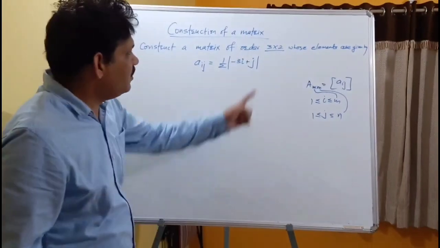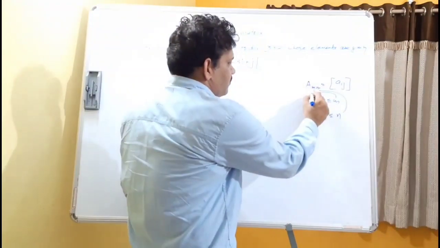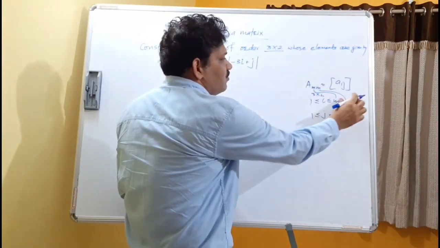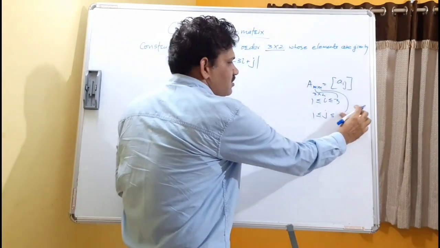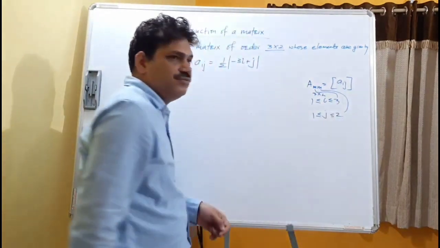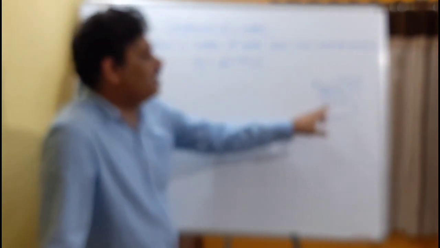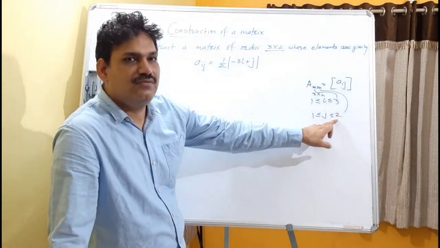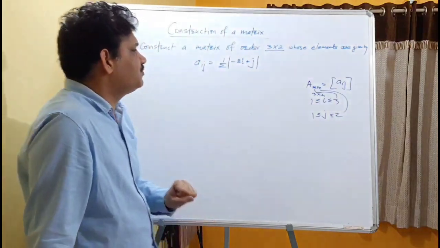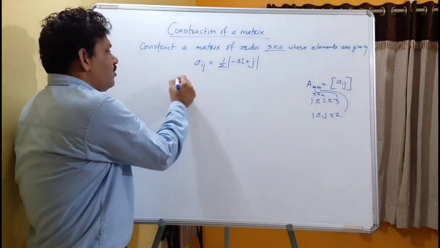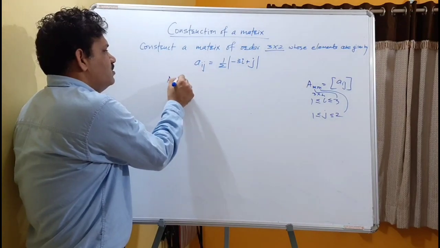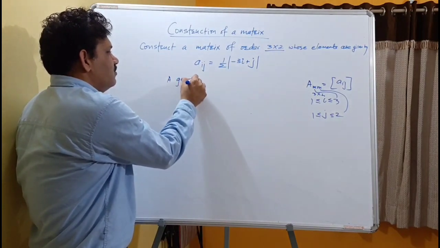Here we need a 3 by 2 matrix, so i goes from 1 to 3 and j goes from 1 to 2.